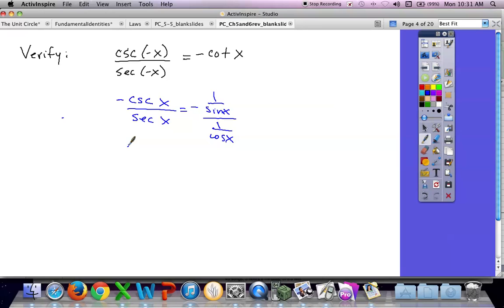And then what? When you divide by a fraction, it's like multiplying by the reciprocal, right? So I can rewrite this as negative 1 over the sine of x times cosine x over 1. Right? So there's your cosine over sine, which is cotangent.